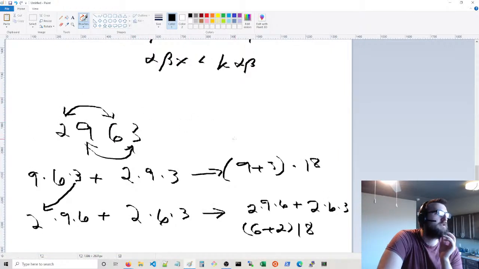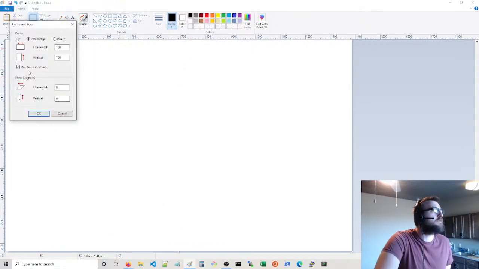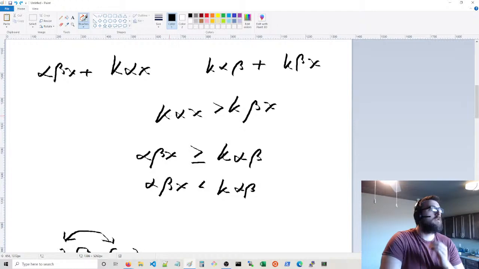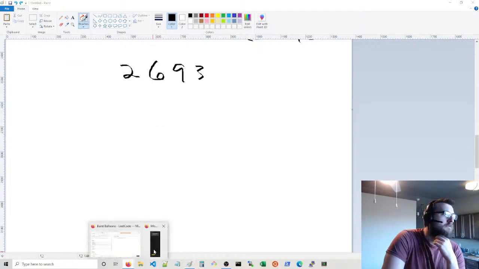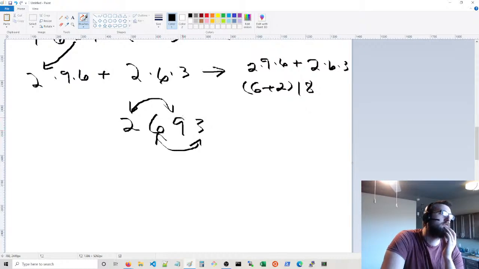But how about another situation where we're saying 9 and 2, right? So it's 2, 6, 9, 3. How about that scenario? Yeah, 11 and 9, right? That's what I was suggesting before. I was saying the rule is we want to start with the smaller one first.